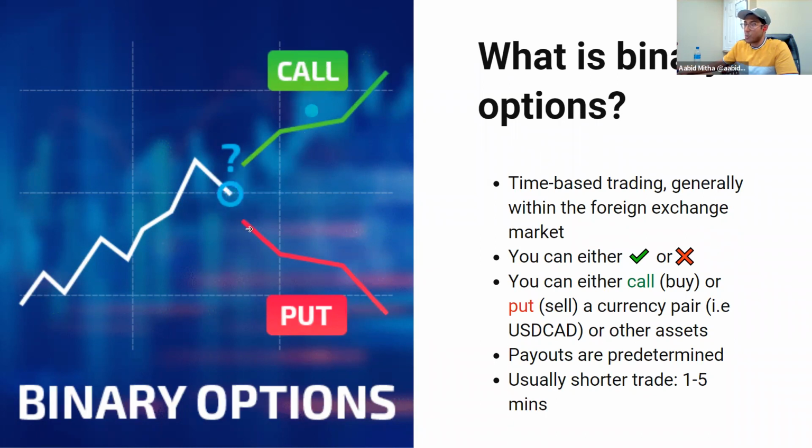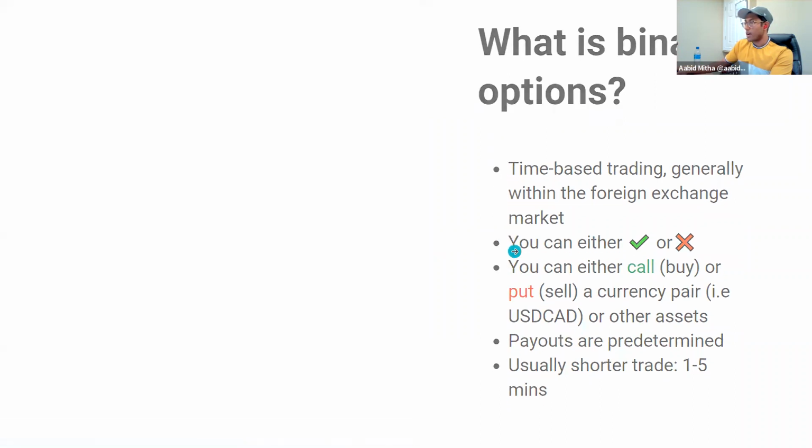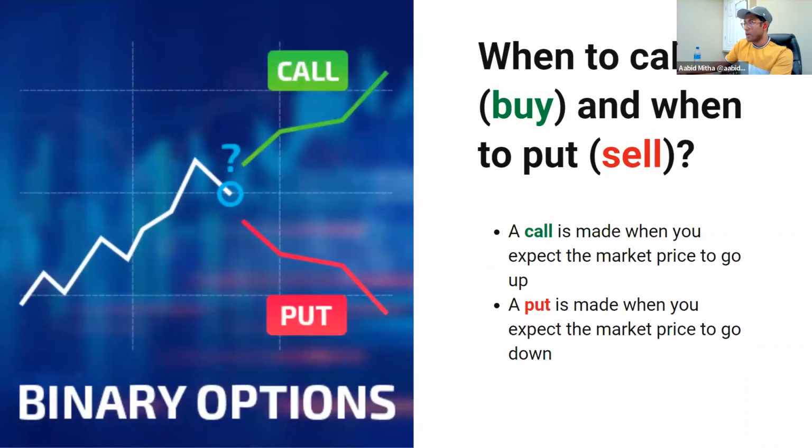Obviously, which one you choose is really important. Otherwise, you're going to be losing money if you're just randomly choosing, which is where the whole analysis and TradingView and Forex Factory come into play. But really, all you're doing is trying to figure out if the price is going to go up or down from the current position that it is in. Now, how do you know when to call and when to put?